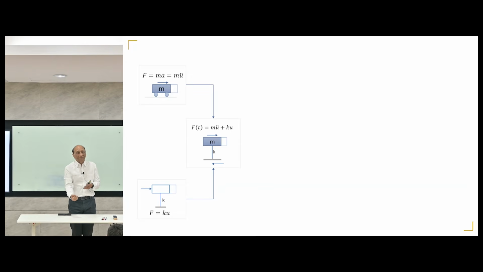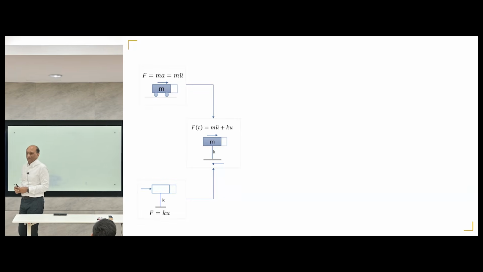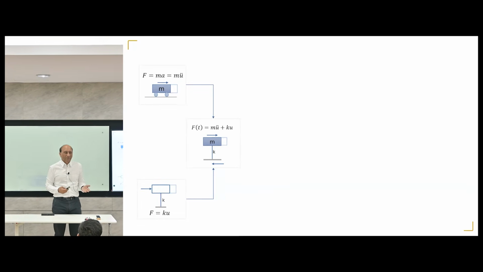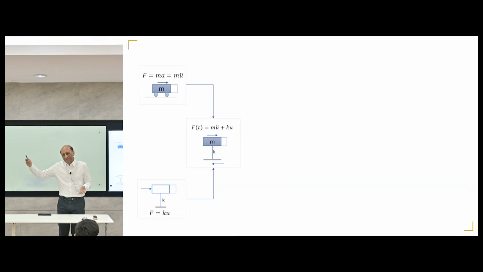Now at any given time, because the acceleration is by definition changing, that will be the force required. So now the force is no longer constant. Force is a function of time, and it's linked to acceleration, because acceleration is the second derivative of displacement with time. Physically, you understand two very different things combined together into one complete system.